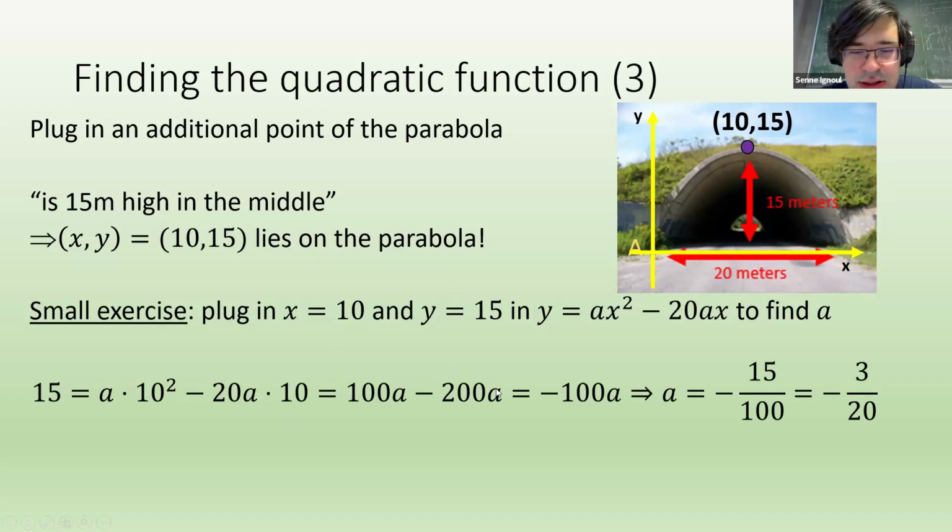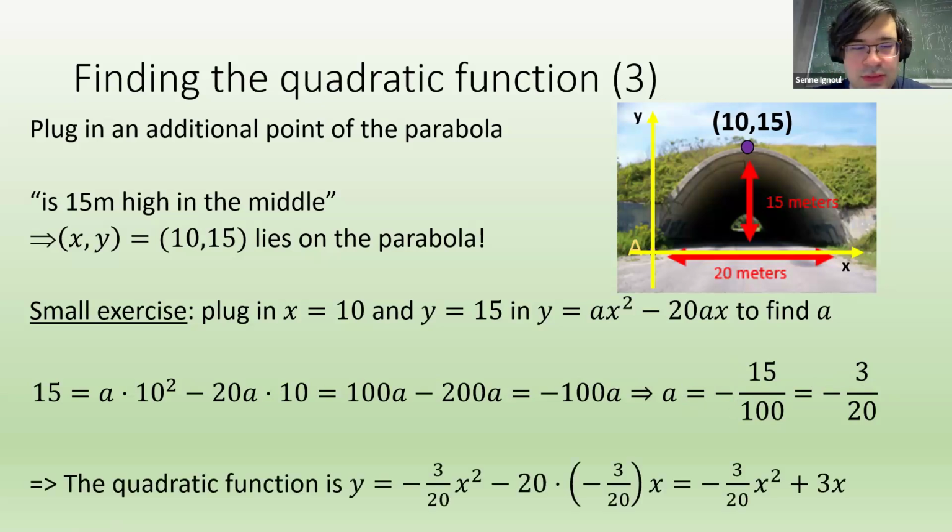So we get that 15 is equal to minus 100 times A. If we divide both sides by minus 100, we get A is equal to minus 15 over 100, or minus 3 over 20. So indeed, minus 0.15, that's another way to write this. So that's the good answer.